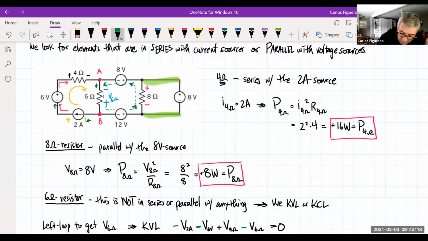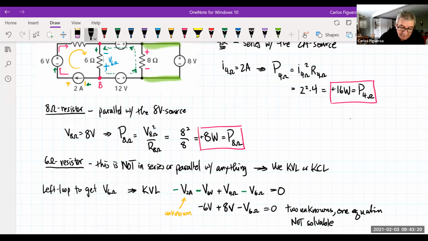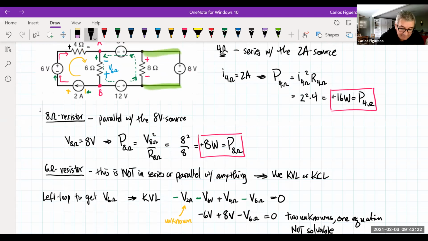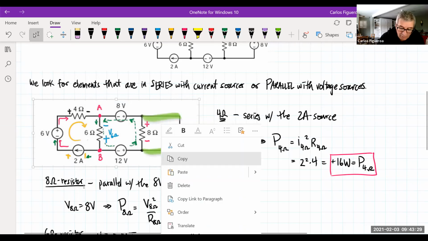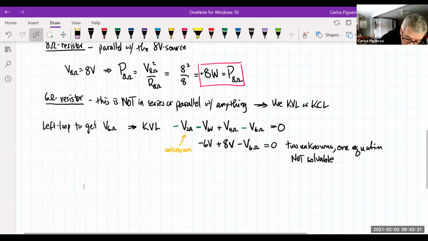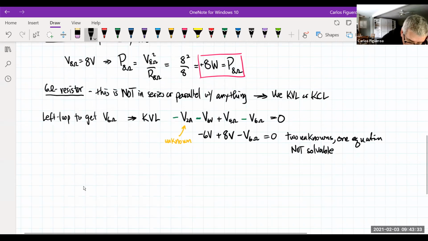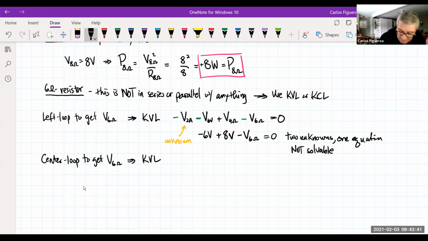So now what we're doing here is that, I got to bring this guy down. We're going to take the center loop to get V6 ohm. And of course, we're going to be using KVL. So let's pop this guy down here.